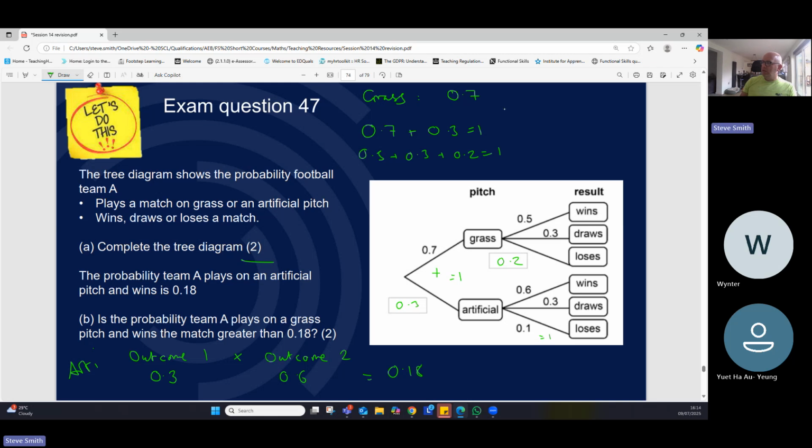And winning, second outcome, is 0.5. 0.7 times 0.5. It's not 3.5 because it's not 7 times a half, is it? It's 0.7 times a half, so it becomes 0.35. So when it's a double occurrence, we're multiplying them by one another.